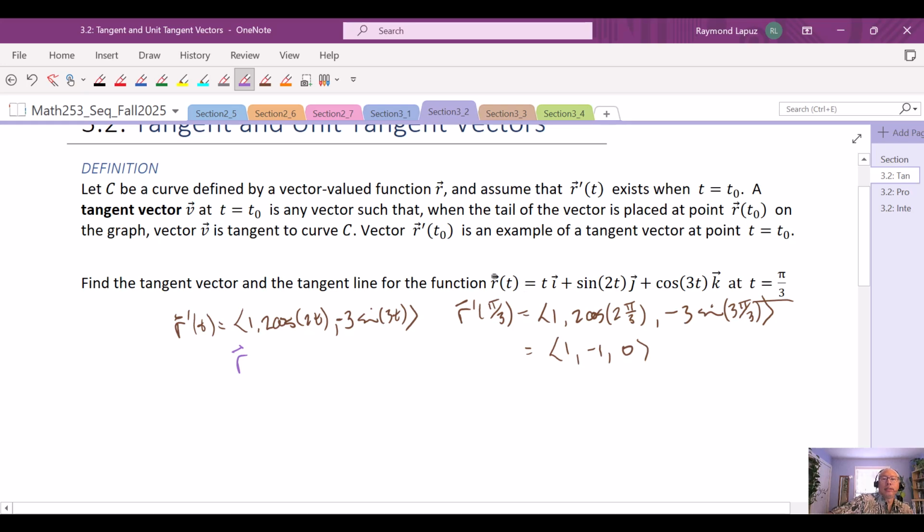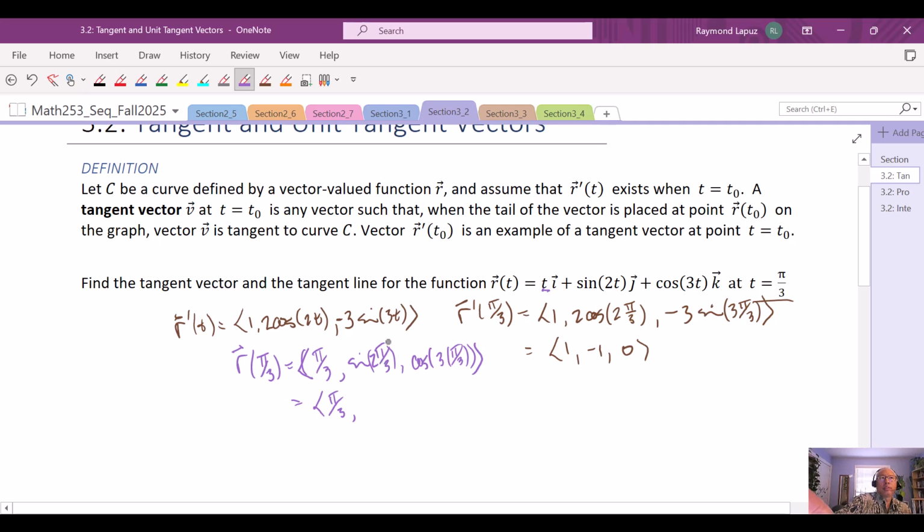By the way, let's figure out what r of pi over 3 is. The first component is pi over 3 because that's the t value, and then we have sine of 2 times pi over 3, and a cosine of 3 times pi over 3. The first component is just pi over 3, you can't do anything about that.